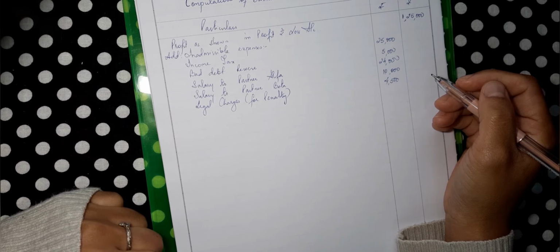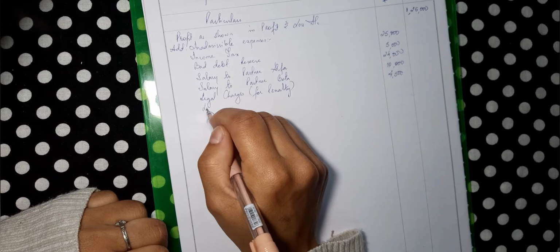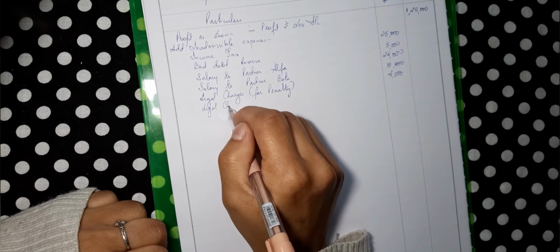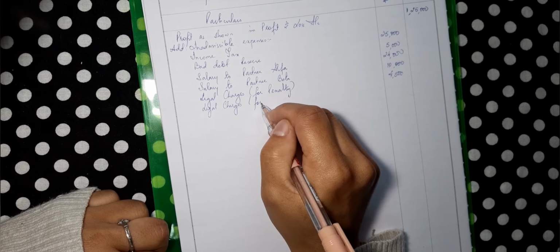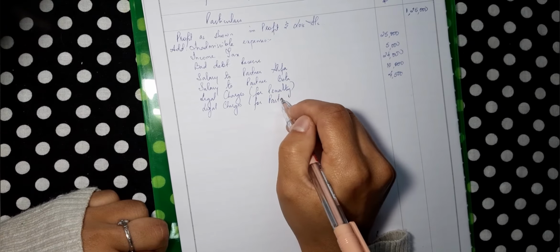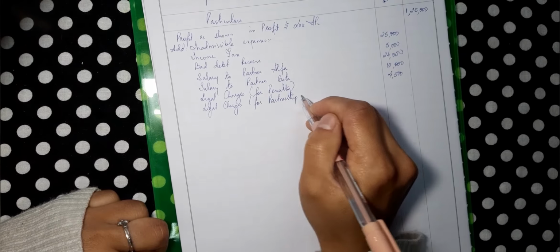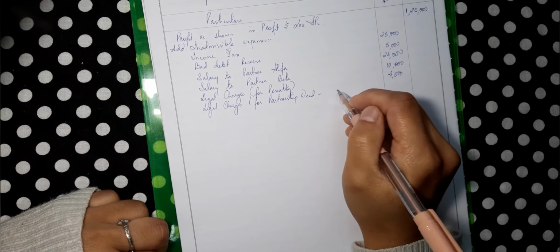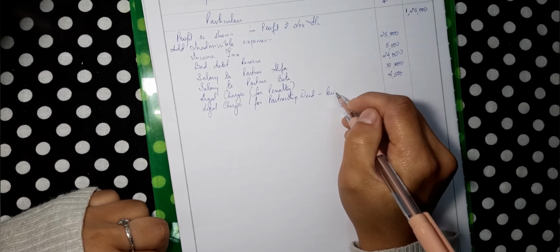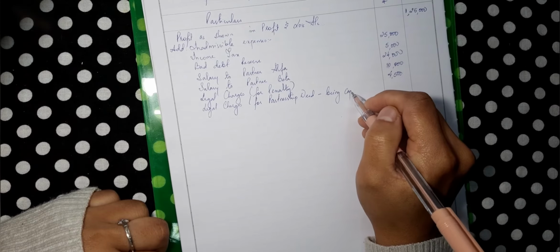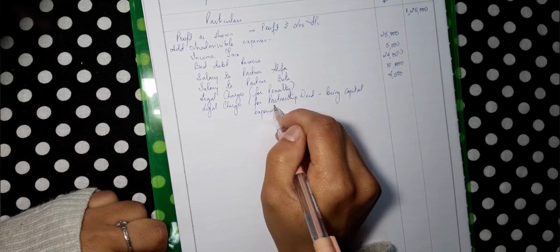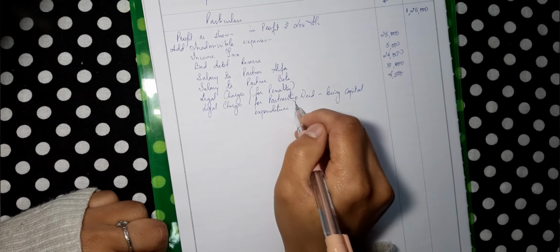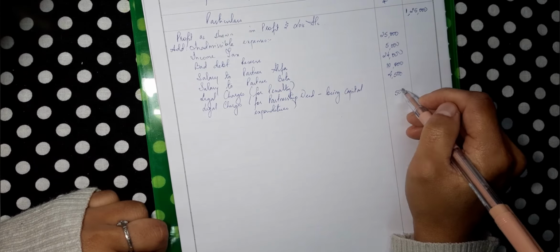And partnership deed expenses are rupees 500. So we write legal charges again, this is for partnership deed, the reason being capital expenditure. We can write the amount to be rupees 500.